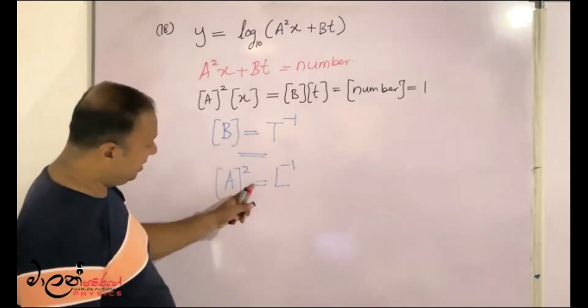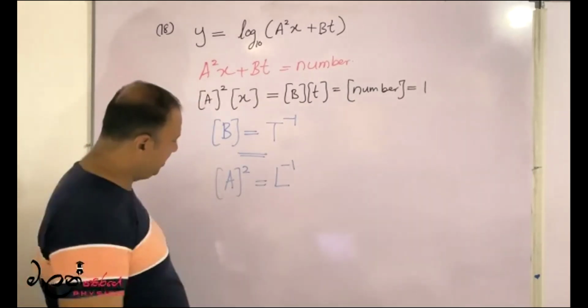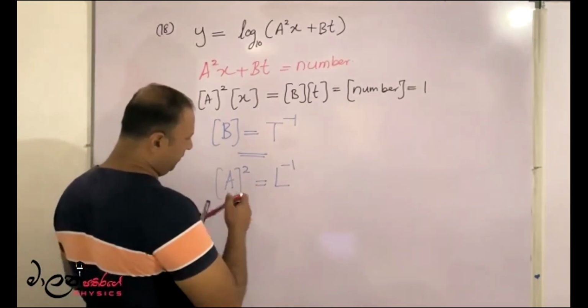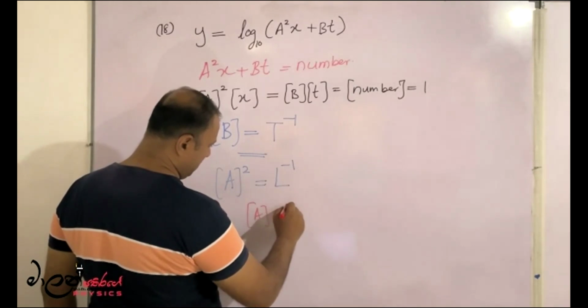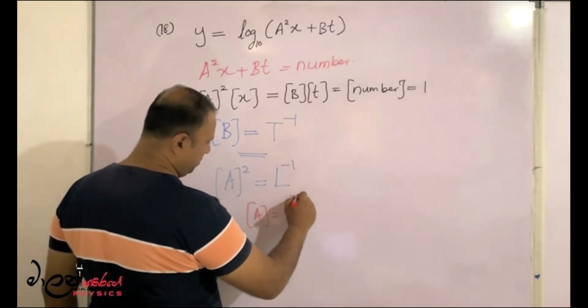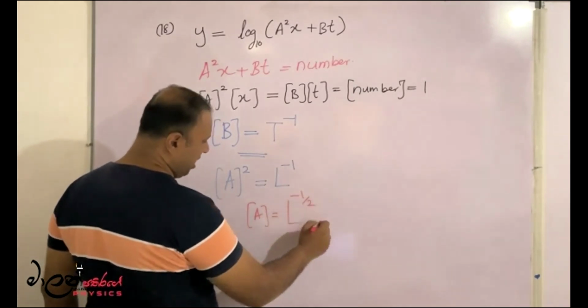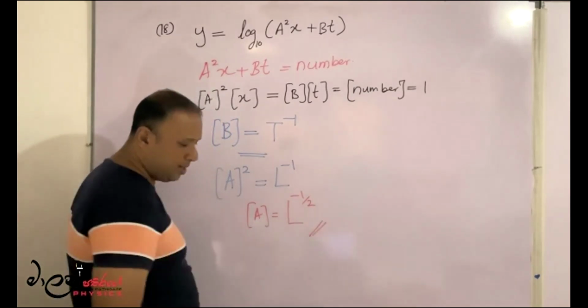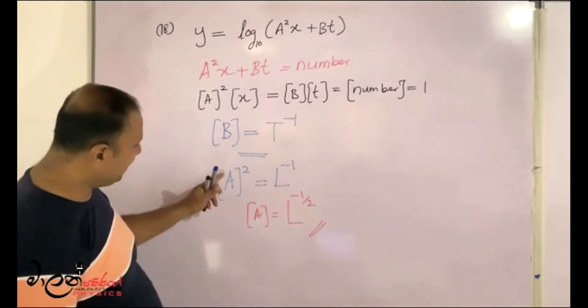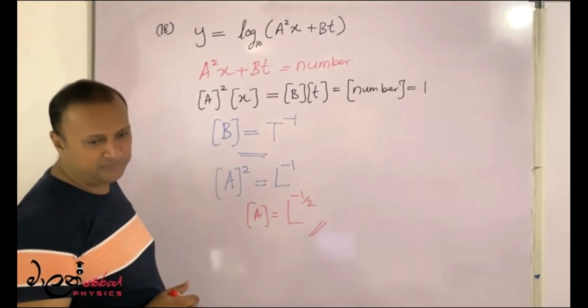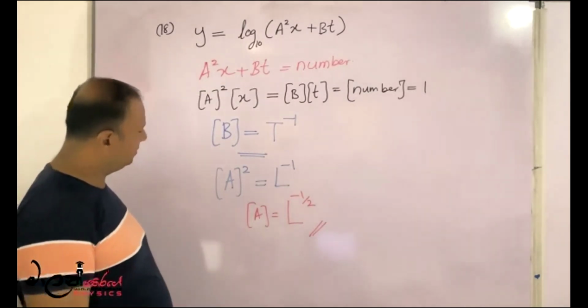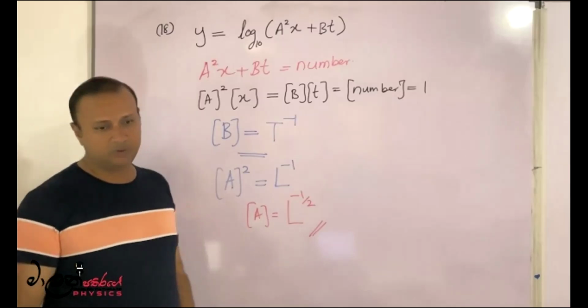So you have to take the square root of both sides. Then the dimension of A is equal to L to the power minus half. Taking the square root means taking the half power.